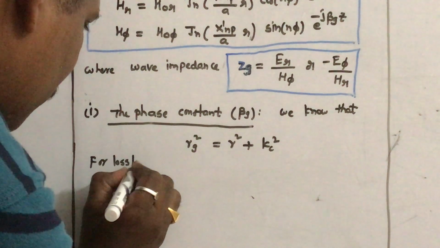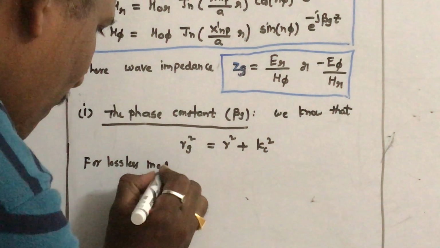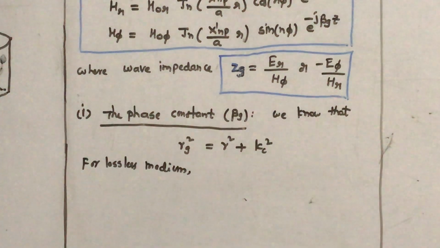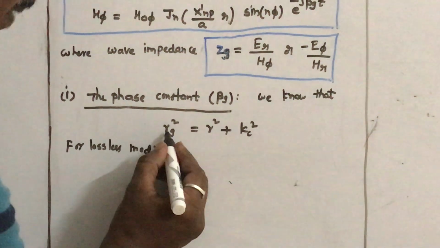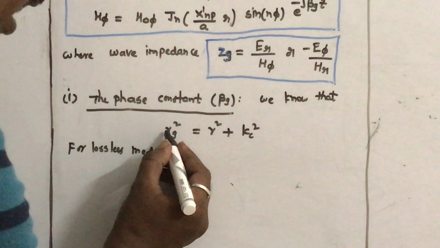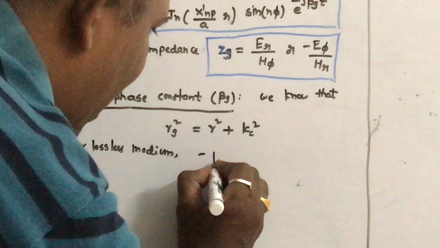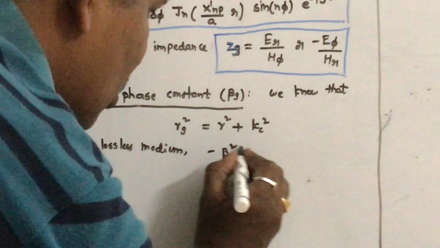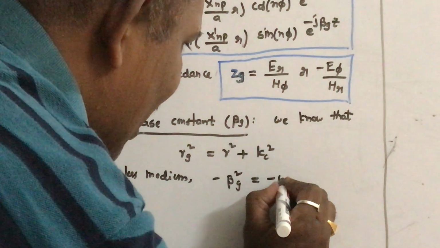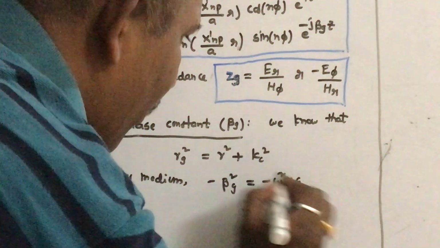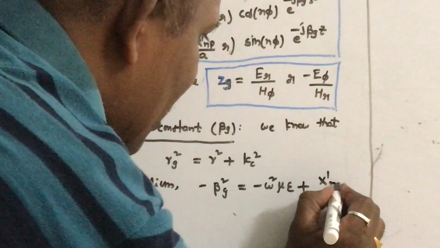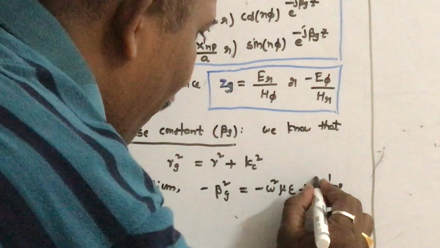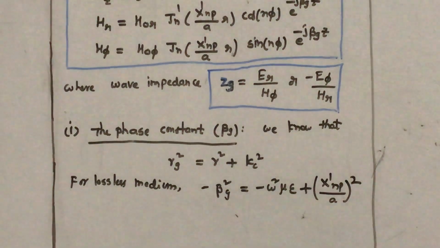So for lossless medium inside and outside the circular waveguide, gamma g is written as alpha g plus j beta g. Alpha is 0, so j beta g whole square is written as minus beta g square. Gamma square is written as minus omega square mu epsilon, plus what is kc? x dash np by a whole square.